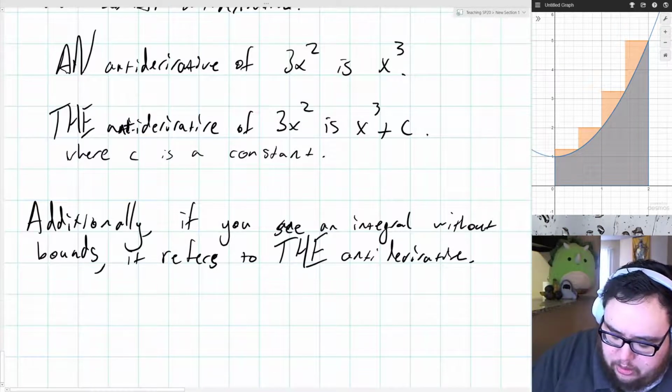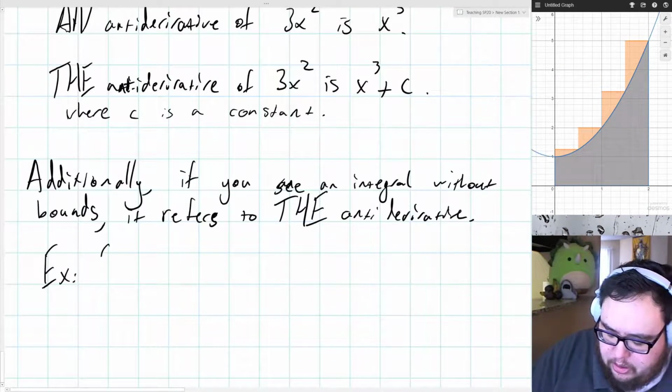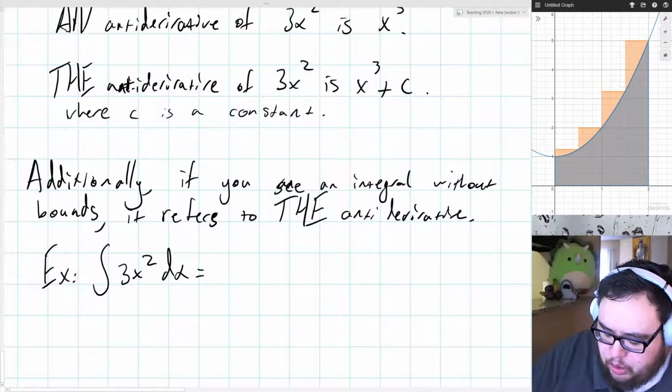So, for example, the integral with no bounds of 3x squared dx is equal to x cubed plus c.